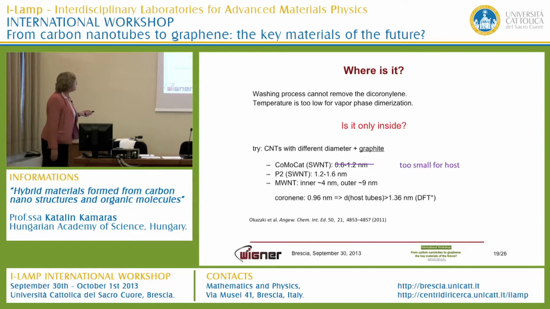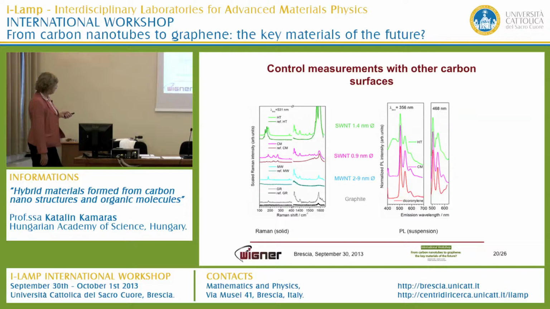And we wanted to see, then, we have our single wall and multiwall nanotubes, and we wanted to know if we have anything different in the hybrids. And what we see is that we basically have the same Raman spectrum on the graphite and the CoMoCat nanotubes, as with everything else.